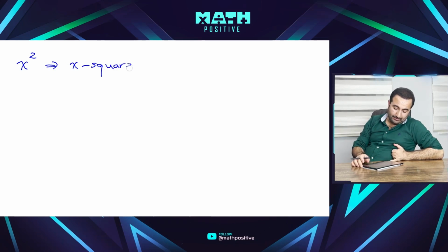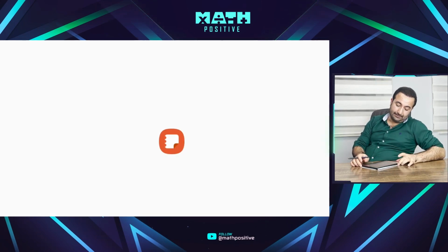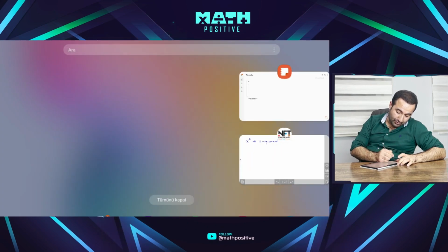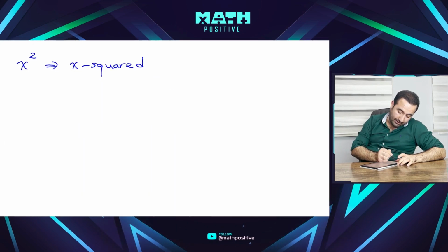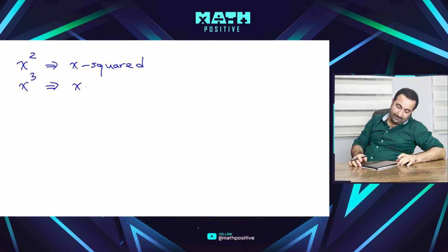Let's call two special powers, which first one is second power of a number, which we just read x squared. When we have second power of a number, we read like x squared.